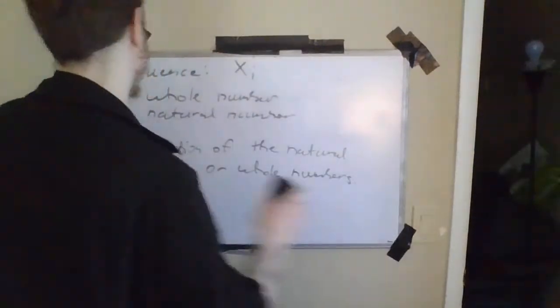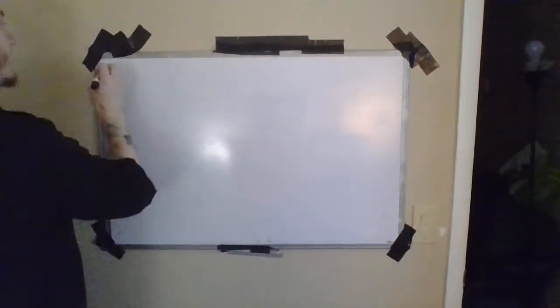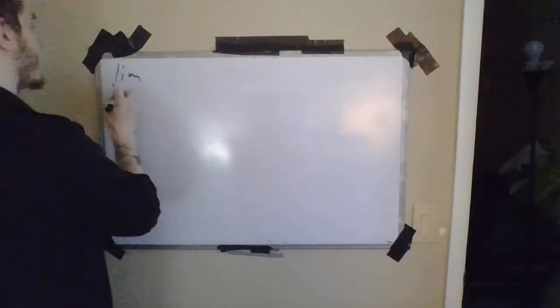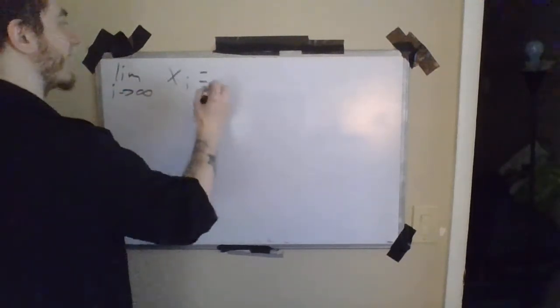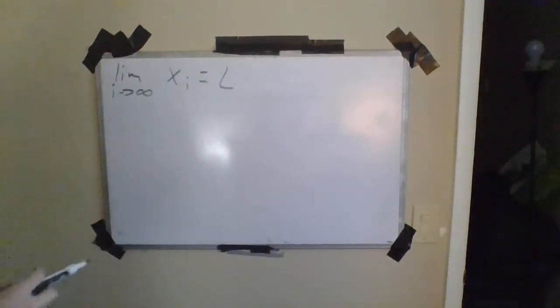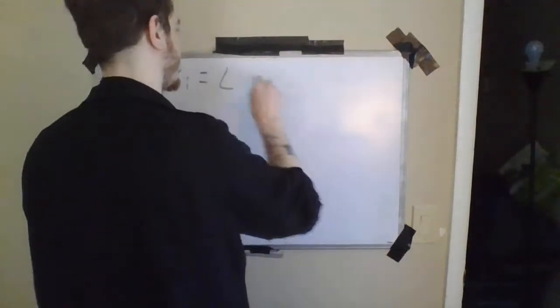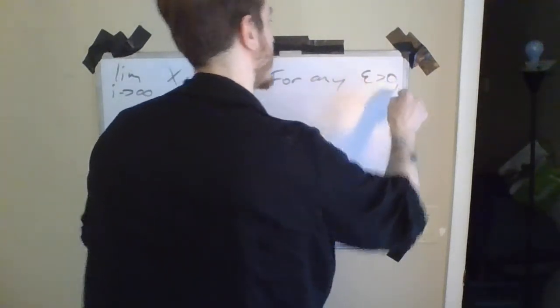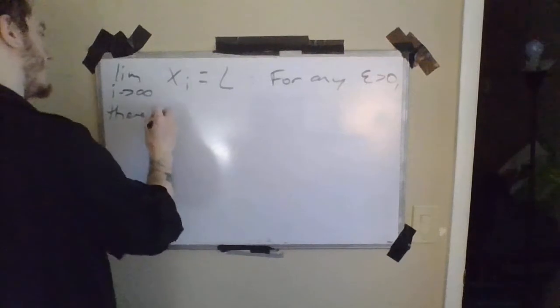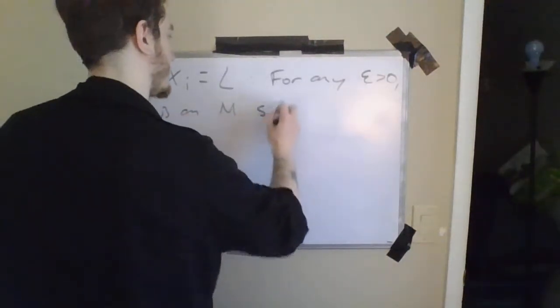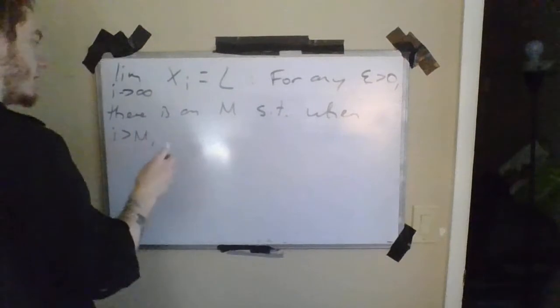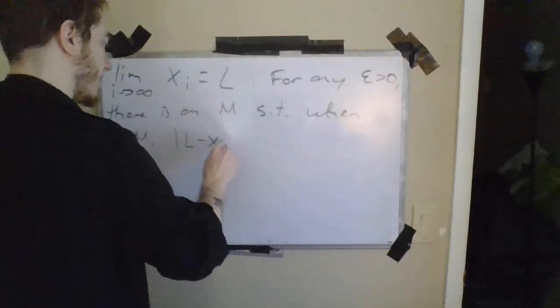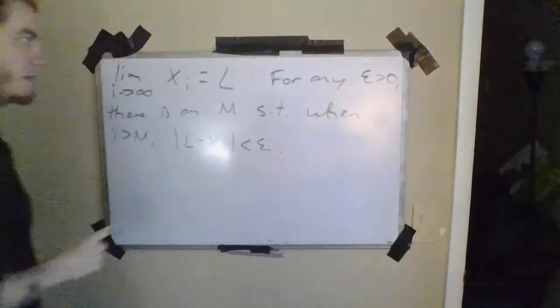So for a given sequence, we can write something like the limit as i goes to infinity of x_i is equal to some number L. And we define this to mean that for any chosen value of epsilon bigger than 0, there is an M such that when i is bigger than M, the difference between L and x_i is less than epsilon.